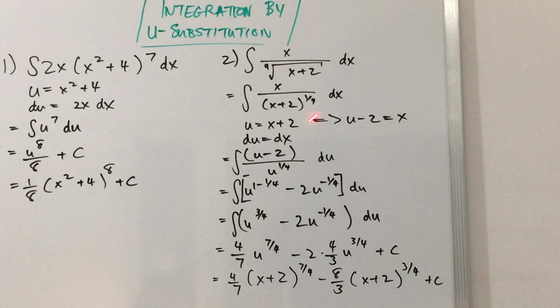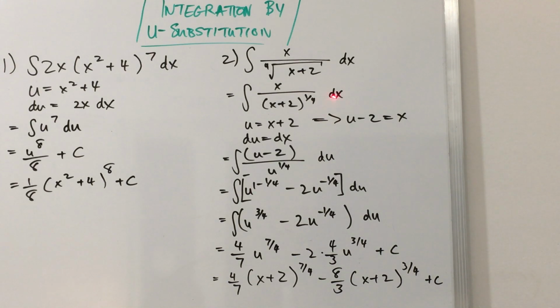Honestly, you just have to do lots of practice examples until you can see what to let u equal, so that all the x terms can be substituted with u. So just keep doing a lot of examples. That's the best advice I can give you.